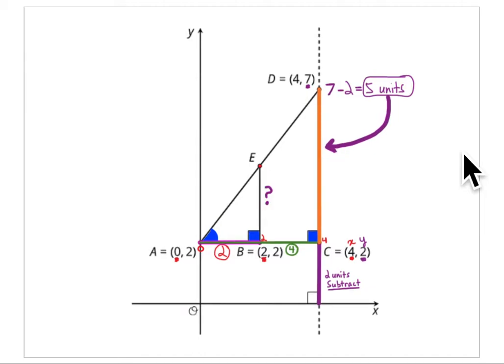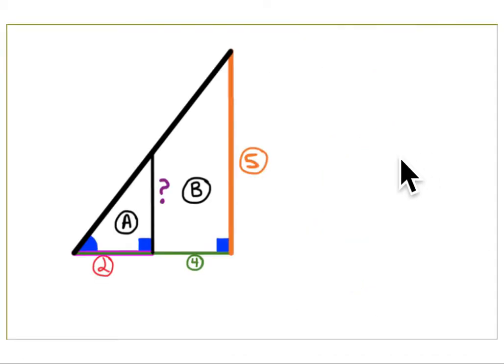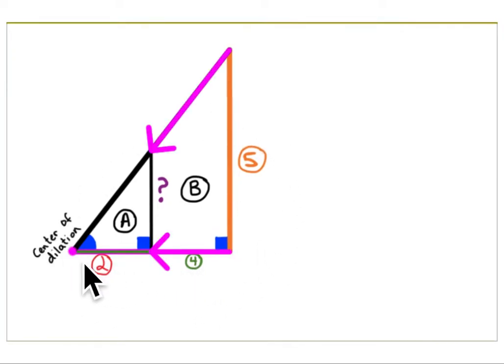Let's go through the idea of a dilation to show you that. All right, so let's take this out of the coordinate grid for a minute. This is the center of dilation. It's (0, 2) on the coordinate grid. The scale factor we know from these values right here.